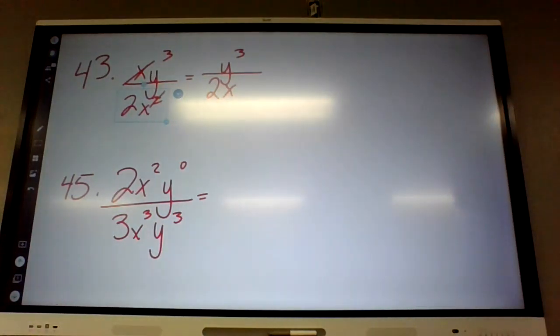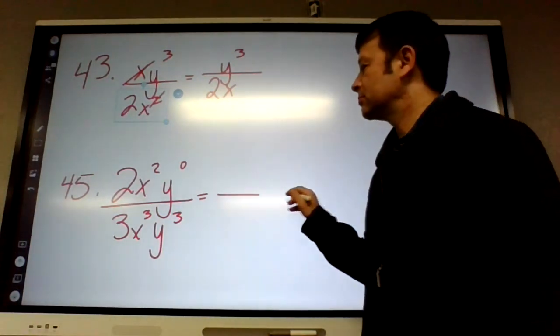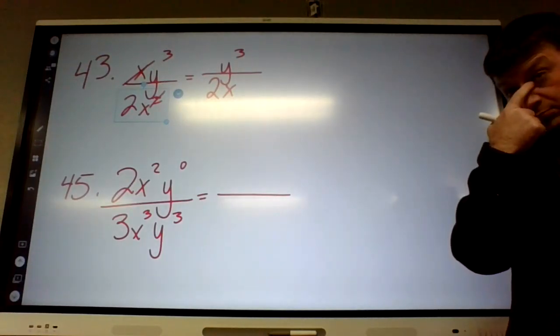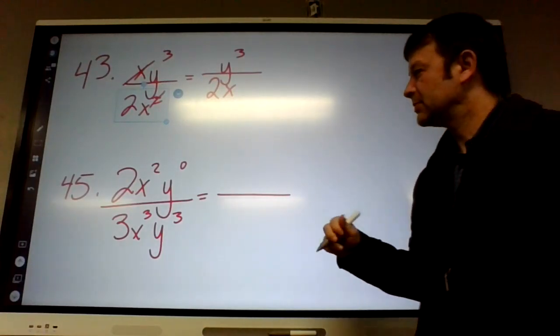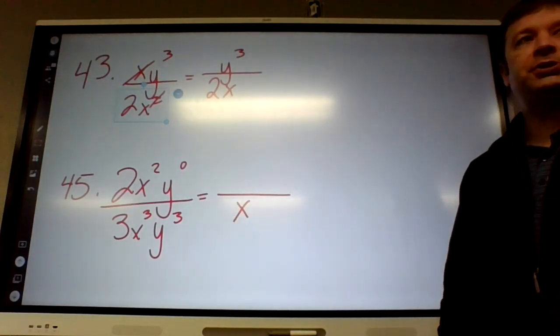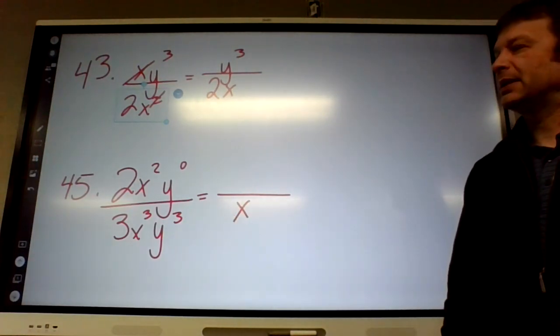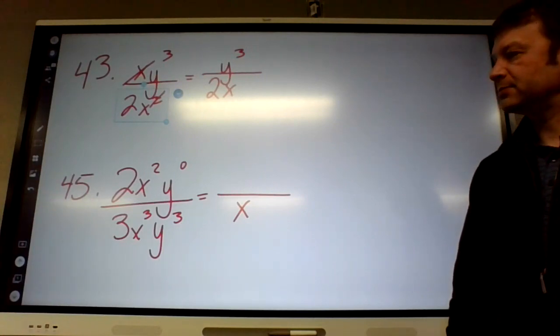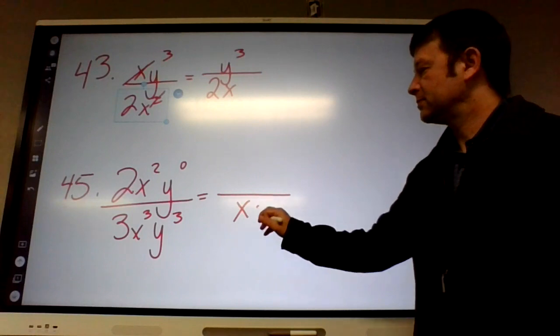All right, Eli, what do you think? X would be on the bottom. X is on the bottom. And one of those, and then y would also be on the bottom. Y to the third, x, y to the third.